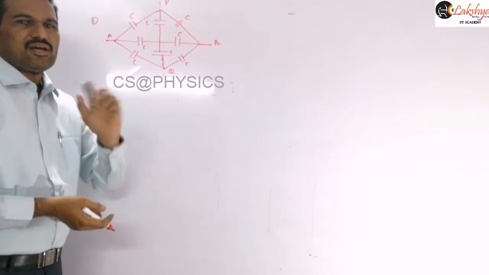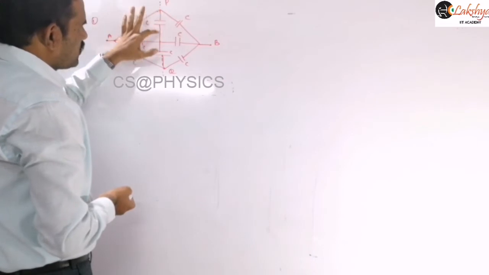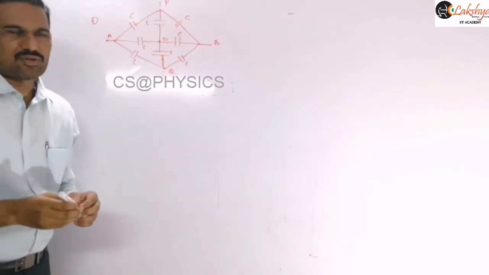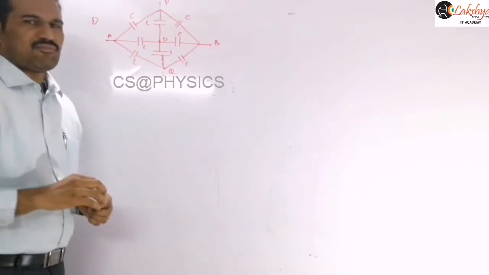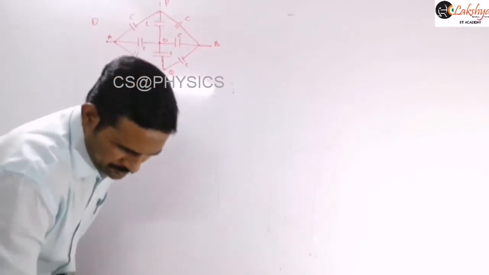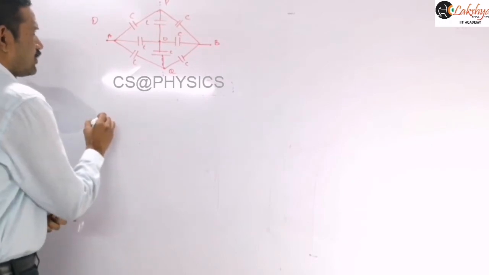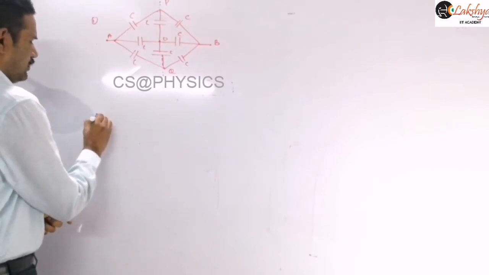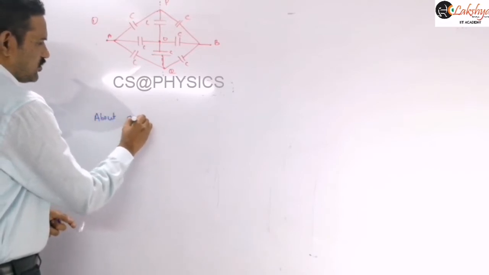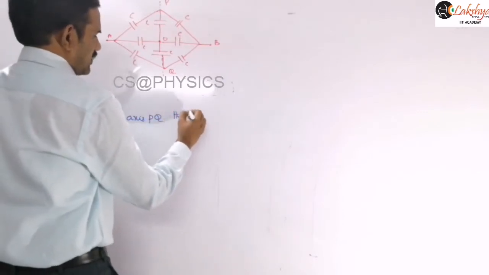So you can remove those capacitors, because you can join them. Let the center be O, then this point P and O will have the same potential, and O and Q will have the same potential. So we can write: about axis PQ, the circuit is symmetrical.